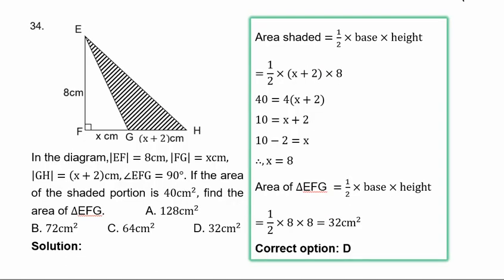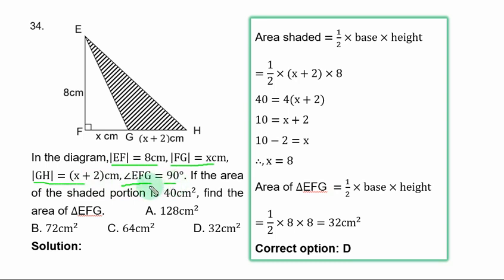Question 34. In the diagram, EF is 8 cm, FG is x cm, GH equal to x plus 2 cm. Angle EFG is 90 degrees.